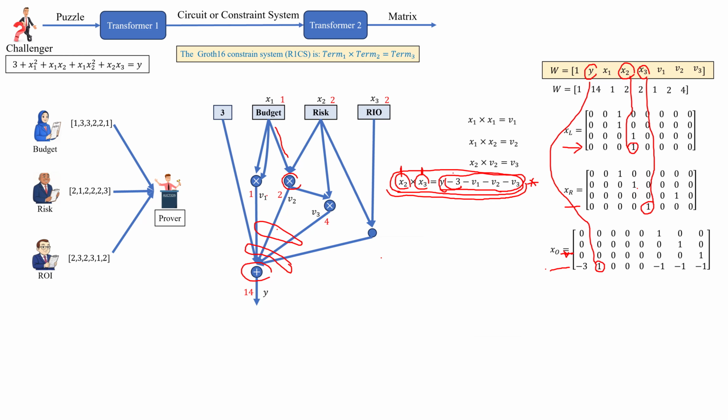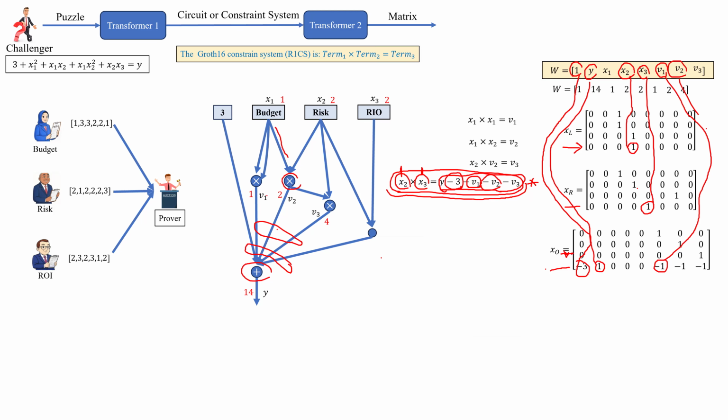Also, we have -3, and -3 is a constant value. So then I'm going to replace 1, which represents the constant value, by -3. And also we have minus V1 as the output. So then I'm going to replace the value of V1 by -1 and minus V2.